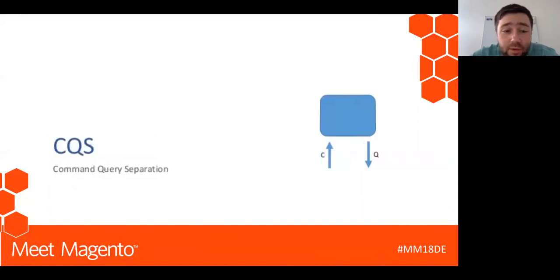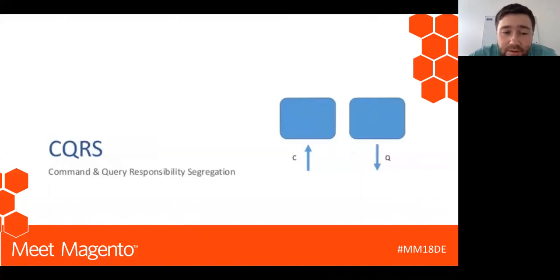In CQS, we still use an entry point on the level of class, but we have different methods, some of them responsible for command processing, another responsible for query processing.